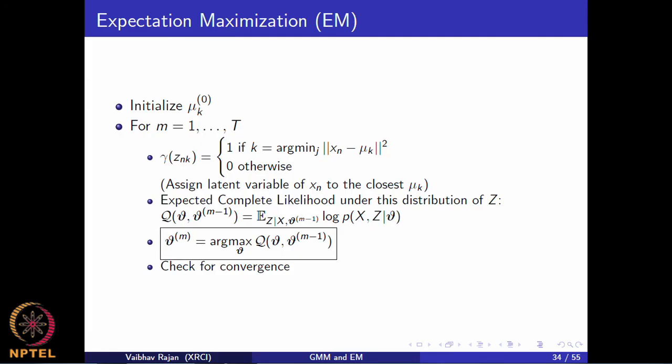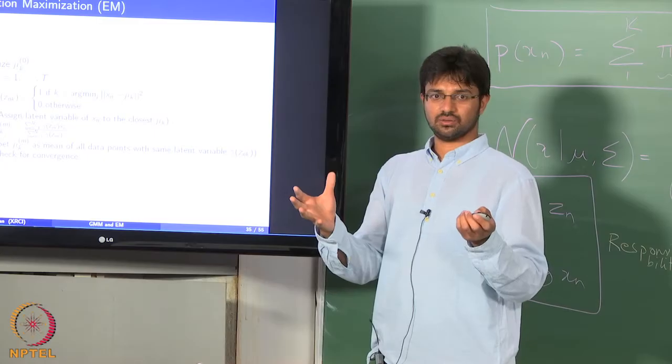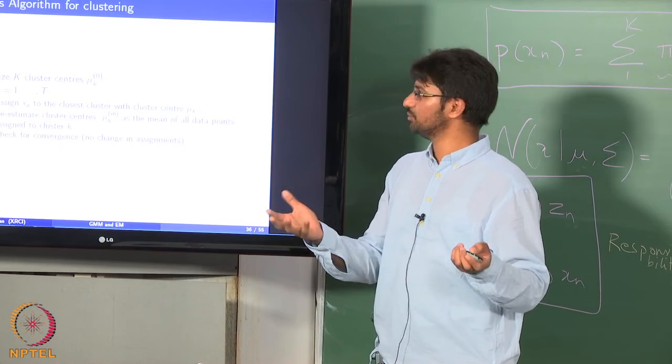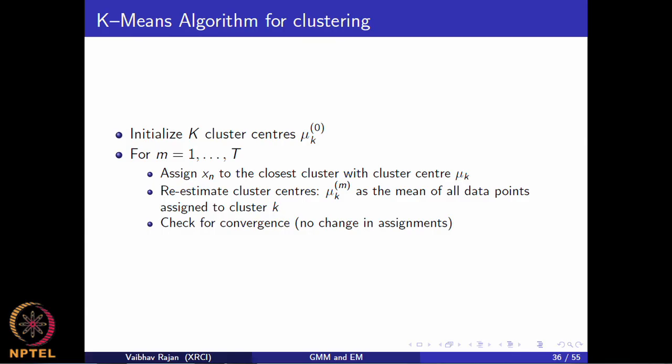You assign the latent variable of xn to the closest mean, and then set the new mean as the mean of all data points with the same latent variable, which is just the k-means algorithm. So, you are assigning xn to the closest cluster with the cluster center mu k, and then re-estimating the cluster centers as the mean of all data points that are assigned to that cluster.